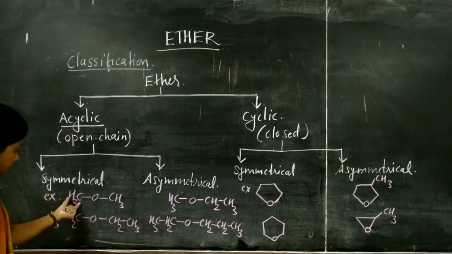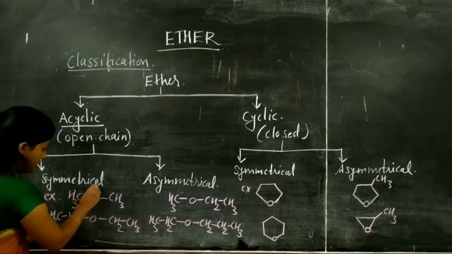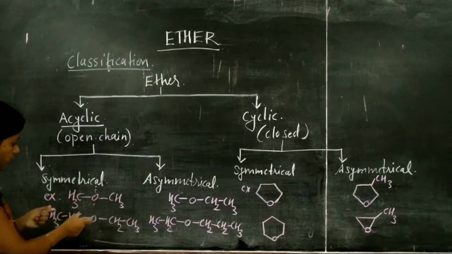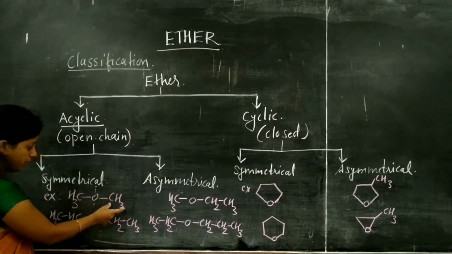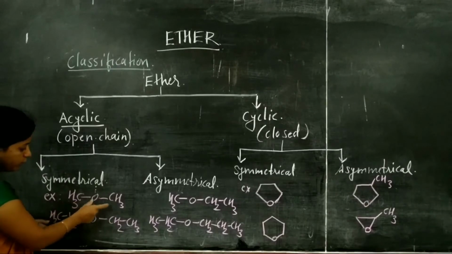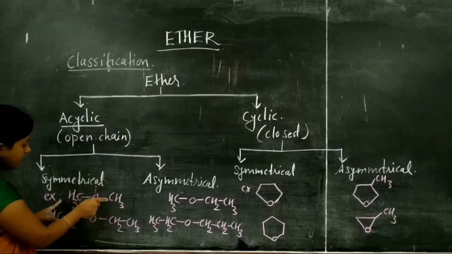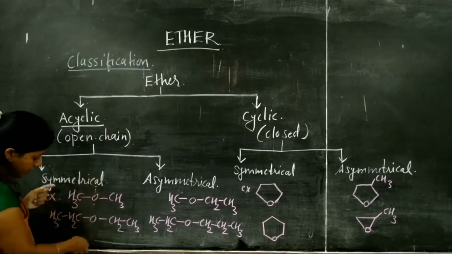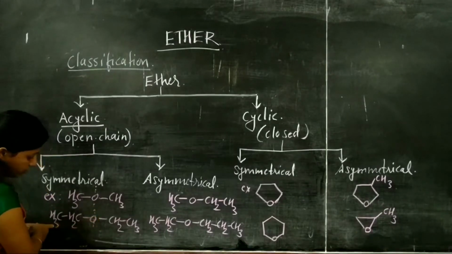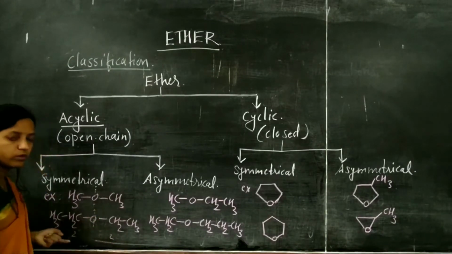See here, this is methyl. If you cut this, it will form two equal halves. This has a methyl group here, and the same on this side, one more methyl group. So this is a symmetrical ether. This is also symmetrical, when you cut it, both sides have 2 carbons.